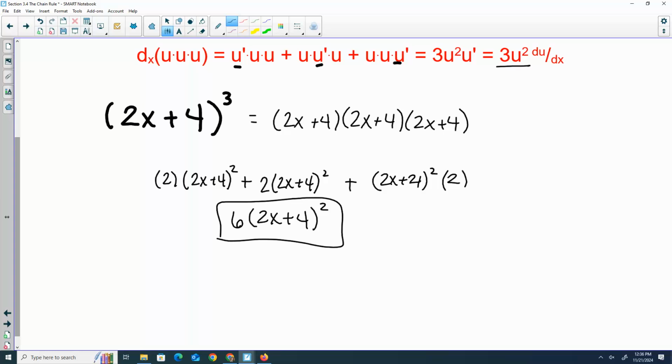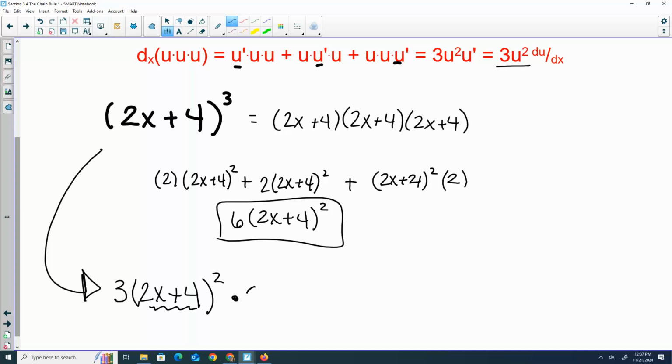So, this was to the third power. We know if you have something to a power, the exponent comes down, inside stays the same, subtract 1 from the power, right? But it wasn't just an x on the inside. So what's the derivative of 2x plus 4? And we get 6 times 2x plus 4 squared.